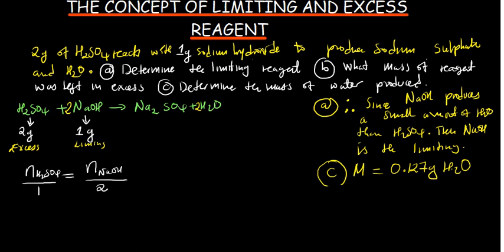Actually this is another method that you can use to determine the limiting reagent. How do you find number of moles? It is given by mass over molar mass. This is for sulfuric acid, and that is going to be mass over molar mass. But remember there is a 2 down, so I'm going to put a 2 here. This is for sodium hydroxide.